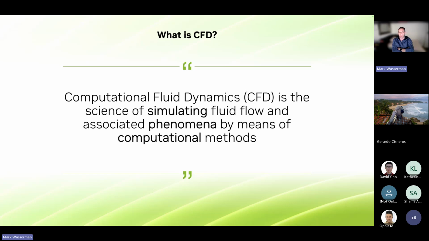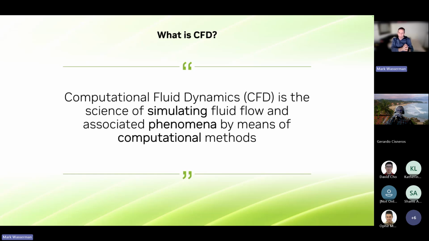CFD is the science of computational fluid dynamics, and it actually deals with simulating fluid flow, both air and liquids and other types of fluids, and also the associated phenomena. Associated phenomena can mean chemical reactions such as combustion, and other phenomena that are deeply associated with fluid flow.